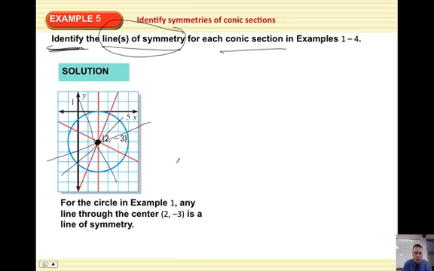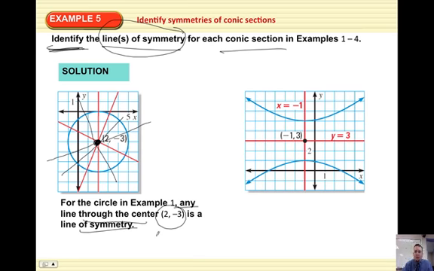Here the center is 2, negative 3. That's what you would say if I asked you on a quiz or test, which I probably will. So for a circle, that always happens. Lots of lines of symmetry.